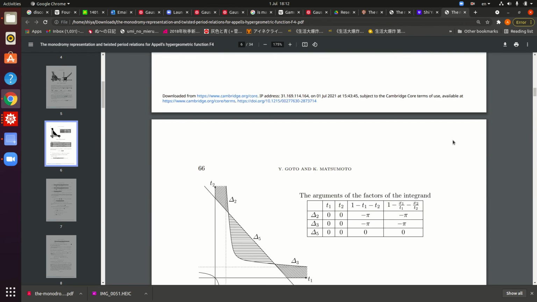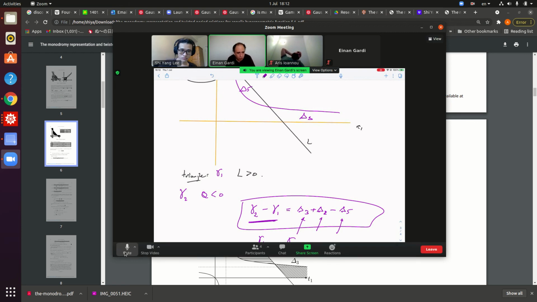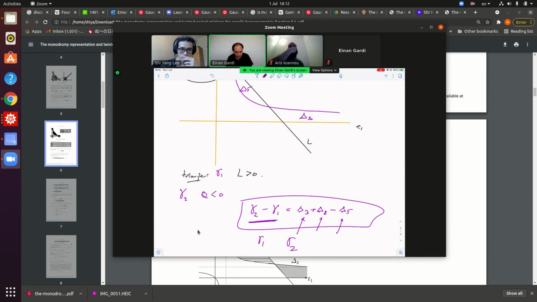Okay, so yeah, I think we can define the task of finding a discontinuity of this Appell F4 on the triangle. I mean, this Appell F4 that you have in equation C34, is it? I forgot.